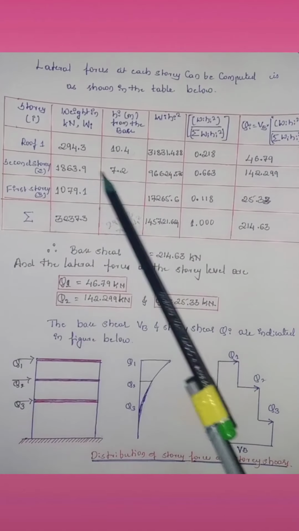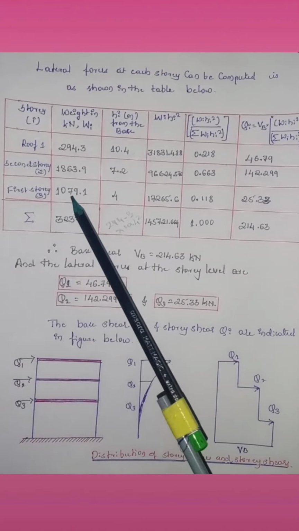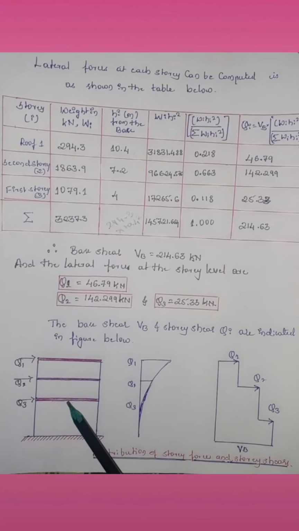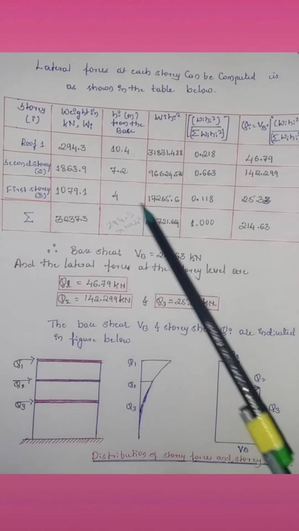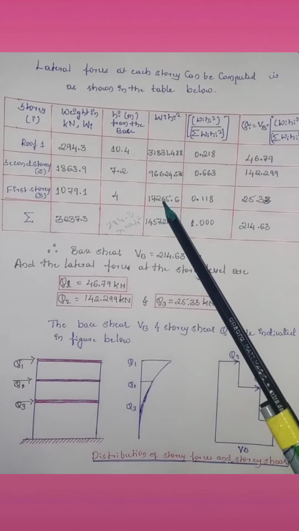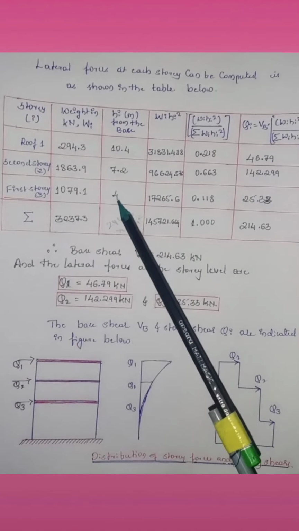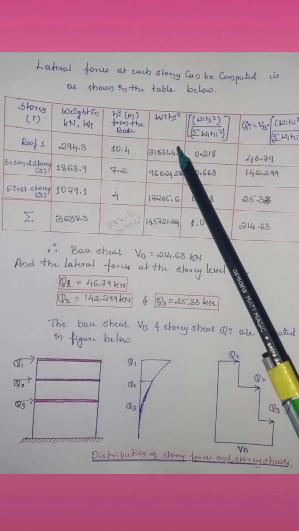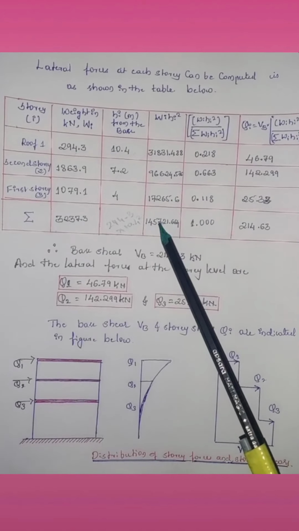Take it and calculate the Wi hi square. And for the first story, take the seismic weight of this particular story and the height from the base, which is 4. Next, calculate Wi hi square, that is, square the hi. That's it.